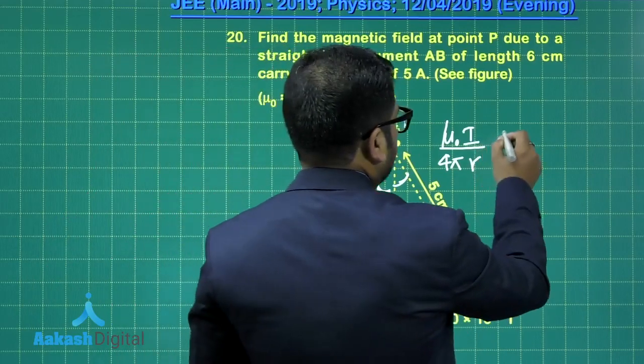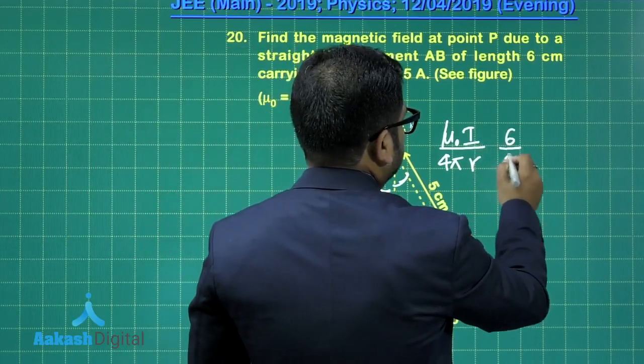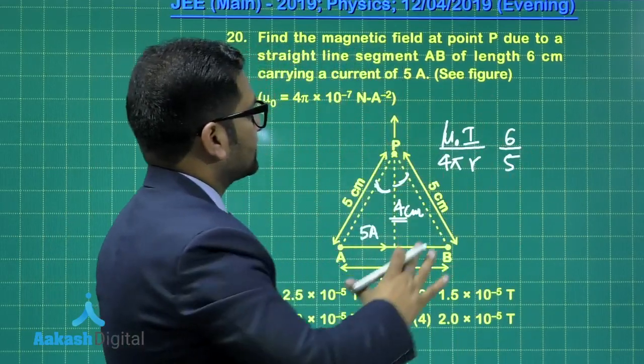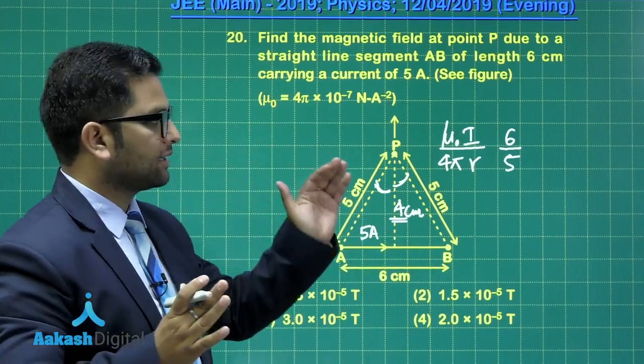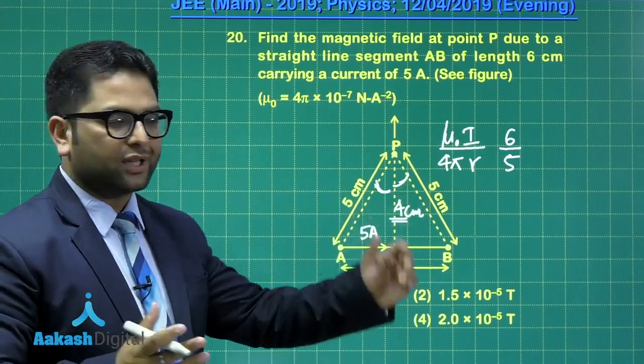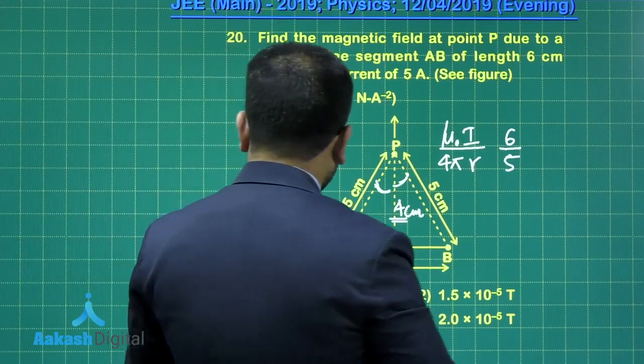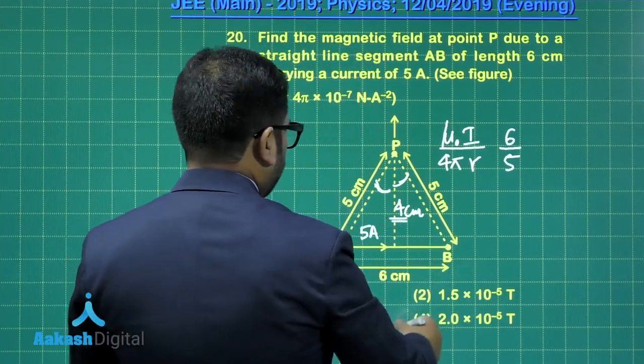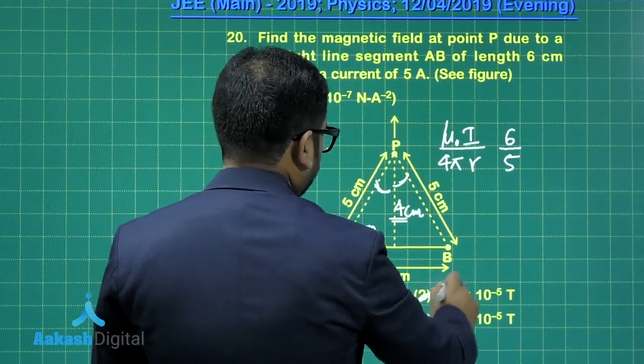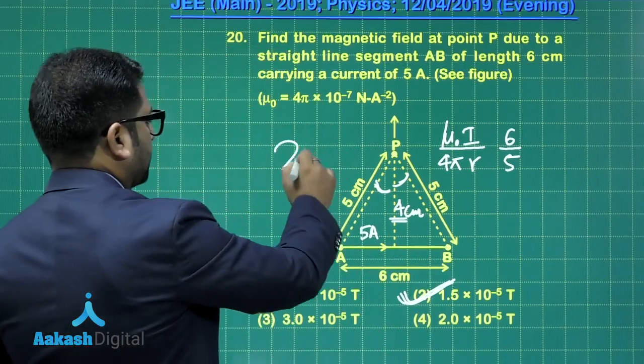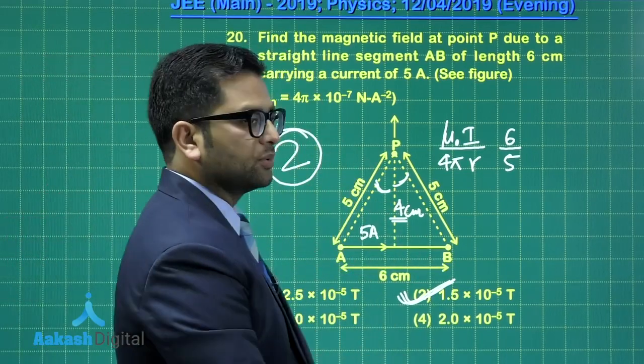So that's going to be sine alpha plus sine beta 6 by 5. That much is the magnetic field at that given point P. Put the value, get the answer, and yes, 1.5 into 10 raised to the power minus 5. This would be the correct option, option number 2.